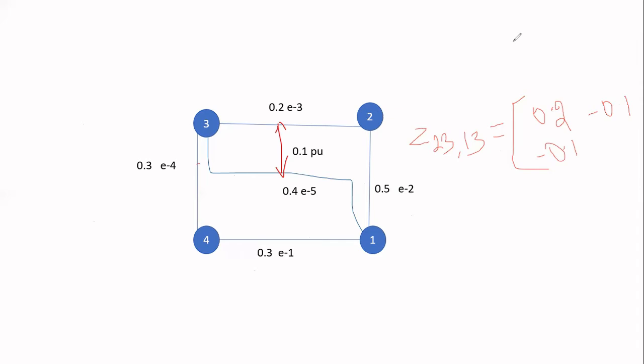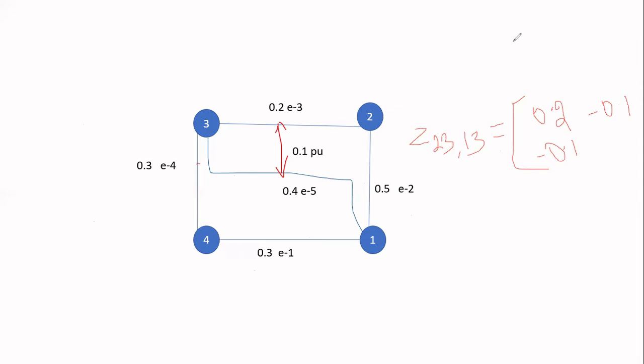Similarly, we calculate the ZL2 and ZL3 values. Okay, understand, ma? Only Y31 and 32 is obtained by using this matrix. By using this matrix, we obtain Y23 and 32 matrix.